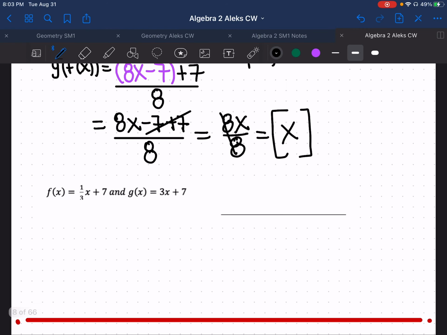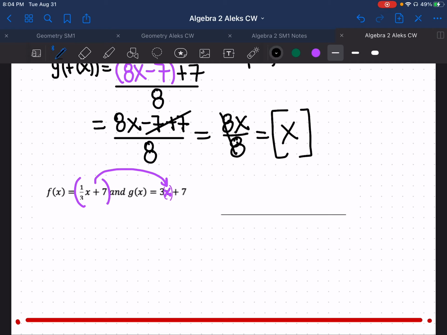I'm going to go ahead this time and substitute. Let me see. Let's do this one in right here. So let's substitute this in for x. Remember, we're putting parentheses around that x.